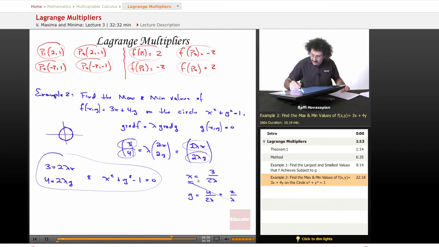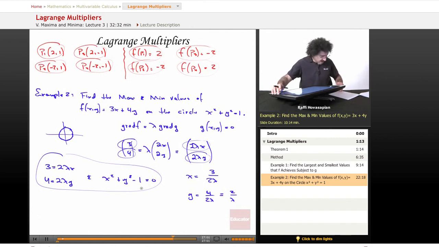So now I have x and y, and I'm going to put these values of x and y into this equation to see what I get for lambda. So let's go ahead and do that.